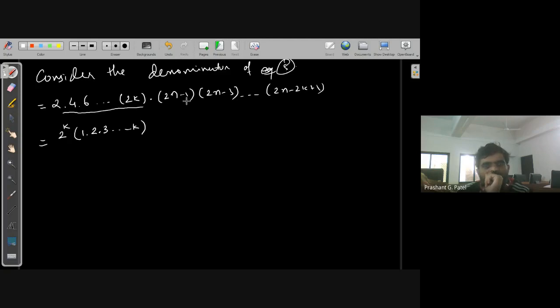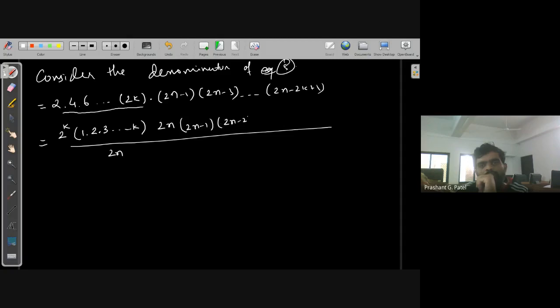And for the other part, I may multiply and divide some quantities. So 2n I multiply and 2n I divide, and 2n minus 1 is already there. 2n minus 2 I multiply and divide. Then similarly 2n minus 3 as it is, and 2n minus 4 I multiply and divide, up to so on. The last term is 2n minus 2k plus 1.